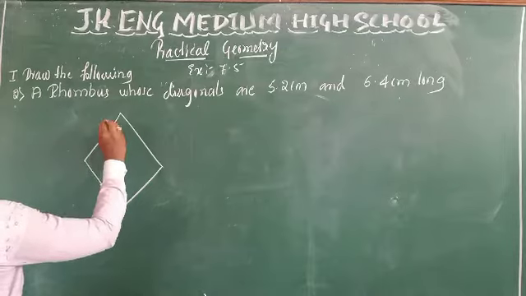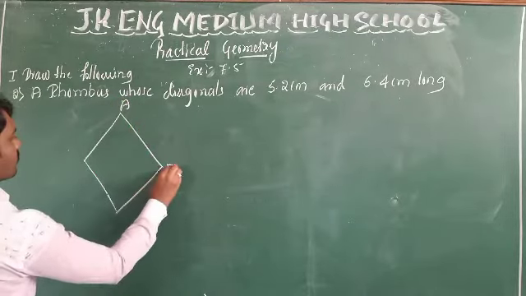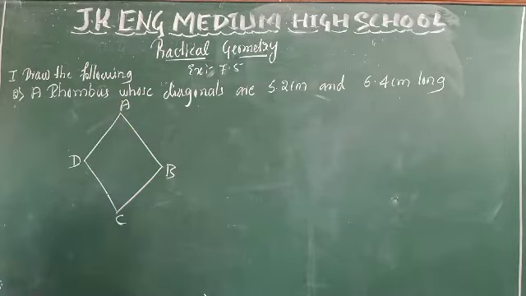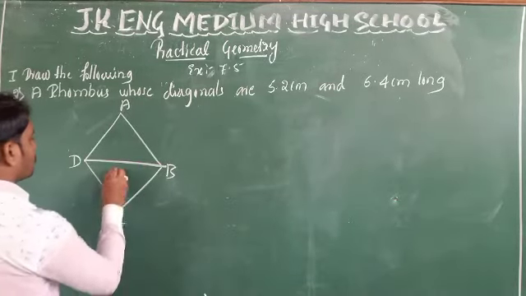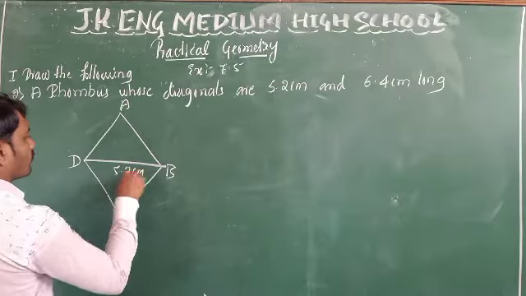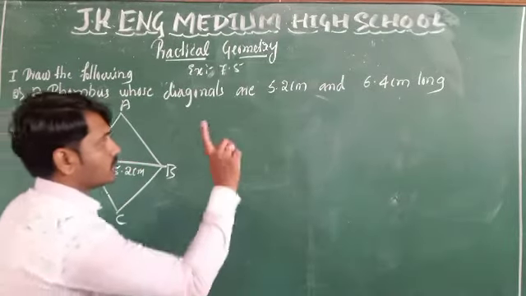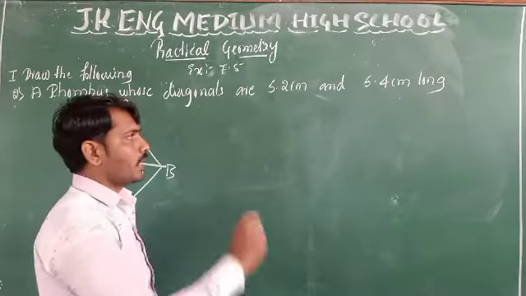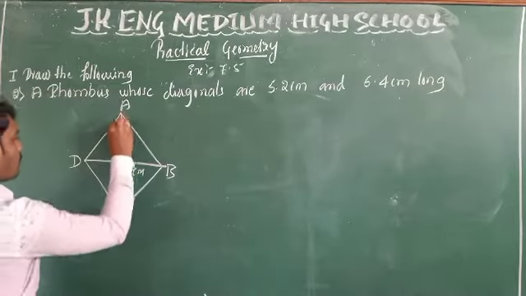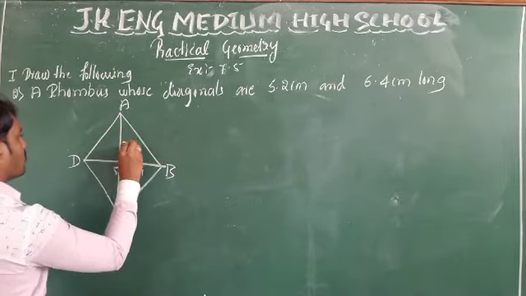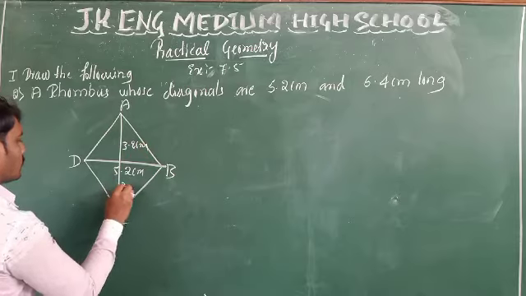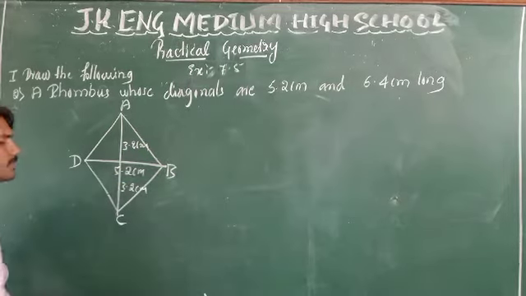So let us consider it as A, B, C and D. And next, take this length of 5.2 centimeter. Next, 6.4 is there. Half of the 6.4 is how much? 3.2 centimeter. And this side 3.2 centimeter.